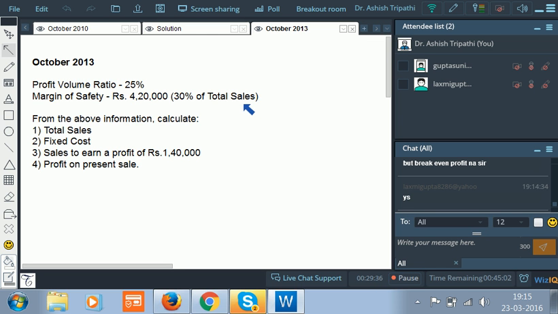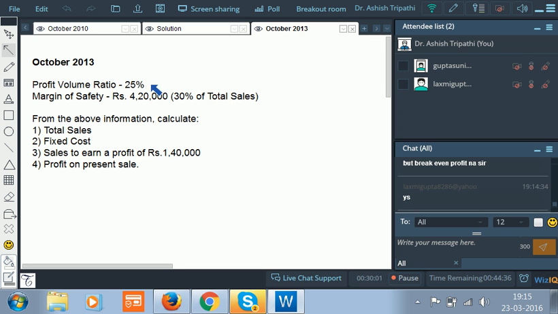Margin of safety is rupees 4,20,000, which is 30% of total sales. From the above information, calculate first total sales, second fixed cost, third sales to earn a profit of rupees 1,40,000, and fourth profit on present sale.